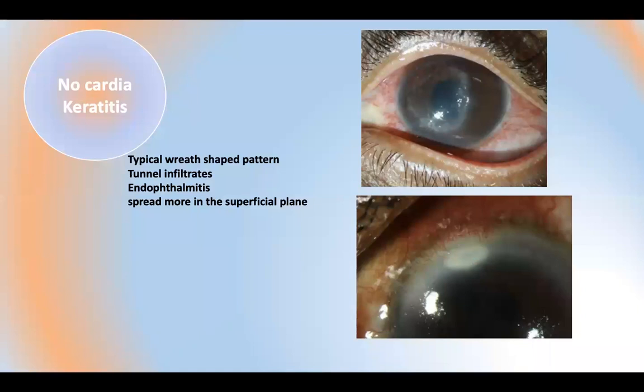Nocardia keratitis, actually, this is serious also, although it's superficial and slowly progressive, but it can cause endophthalmitis. It typically starts with a patchy pattern. Then later it can make tunnels. It spreads in the superficial plane and carries the risk of endophthalmitis.